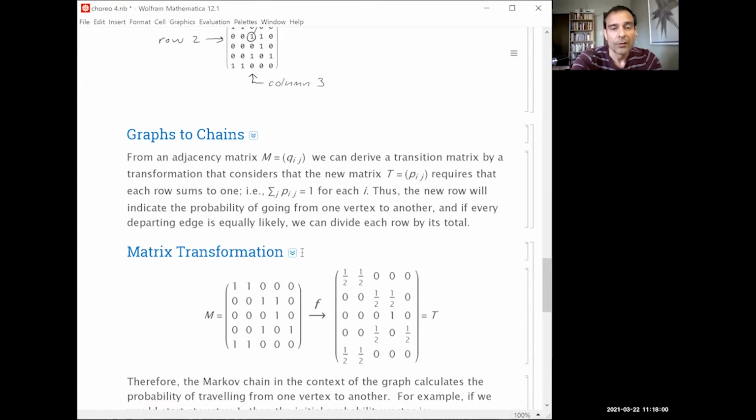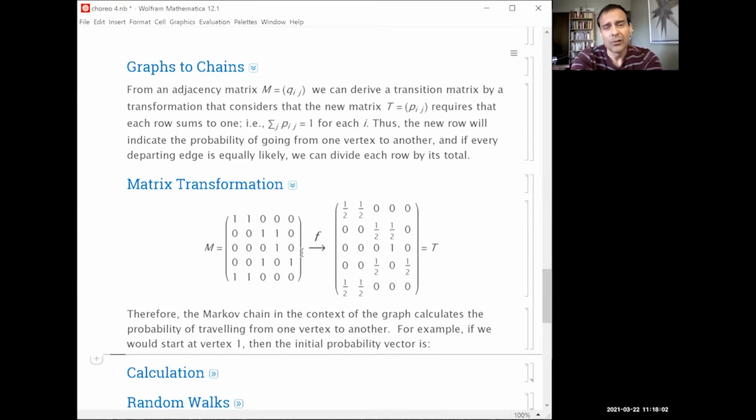The way you can transform the adjacency matrix is simply to add up all the numbers in one row and then divide each of them by the total. Here we have 1 and 1 in the top row, and if we divide them both by 2, then they both become halves. You can do that on a row by row basis and transform the entire matrix into something that will work as a transition matrix.